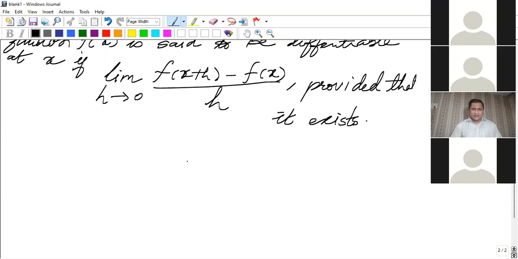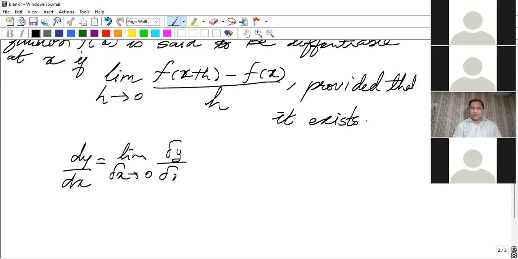Sir, h is nothing but the small interval. Yes, h is a small entity. Sometimes we write this in several ways: dy by dx is equal to limit delta x tends to 0 of delta y upon delta x.